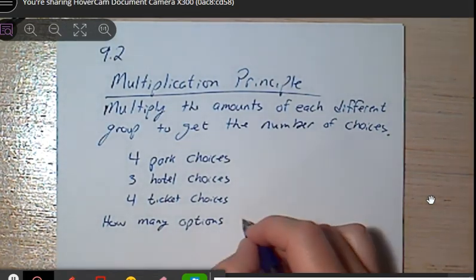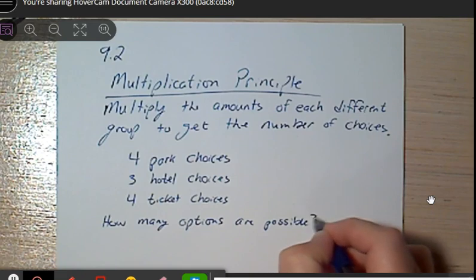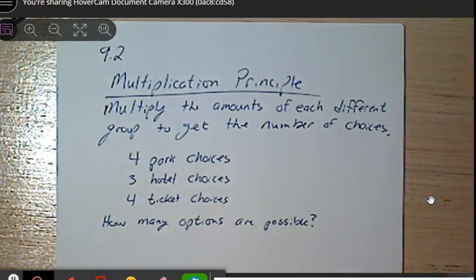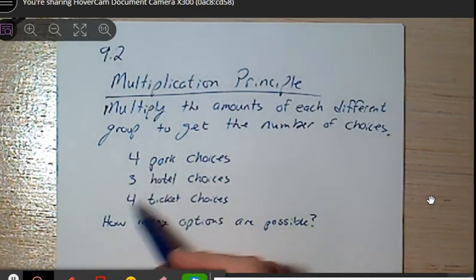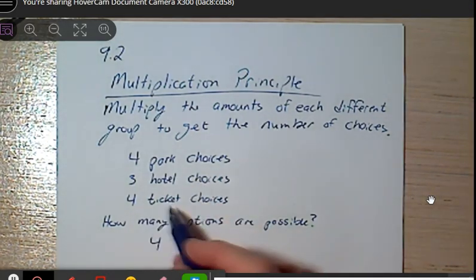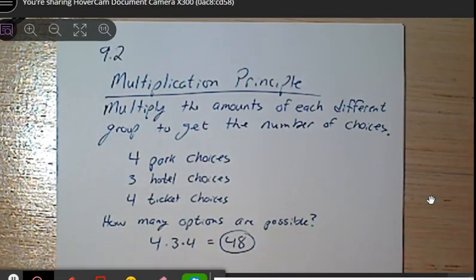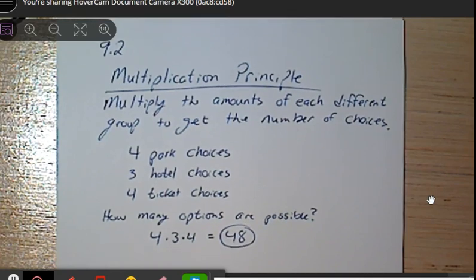So how many options are possible. And all you have to do is just take these numbers that you have and multiply them together. So if you've got 4 park choices, 3 hotel choices, and 4 ticket choices, just multiply all that together so that there will be 48 different ways you can group these things together.